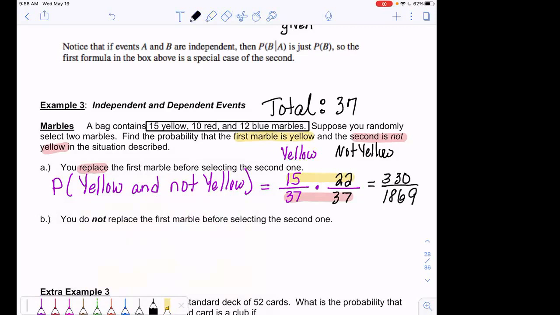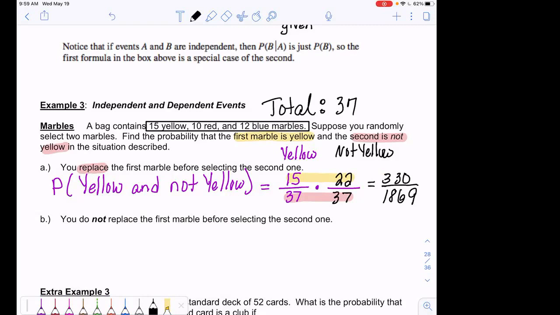Thanks, Emma. So 330 and 1,369. And I don't think that simplifies. 1369 doesn't look like a number that's going to simplify down. So that's finding the probability of getting a yellow and not a yellow.